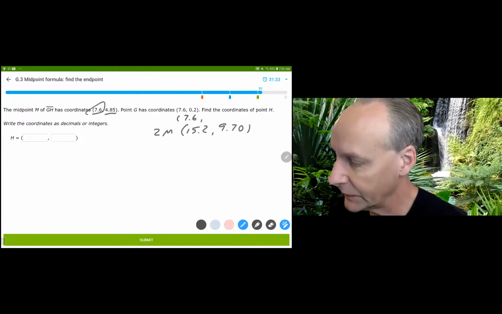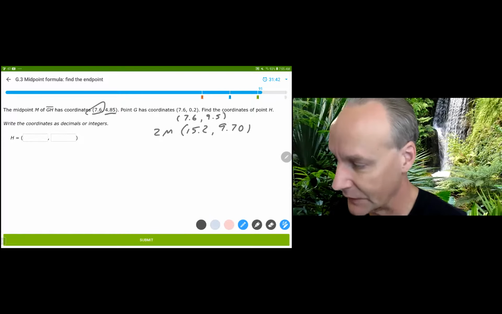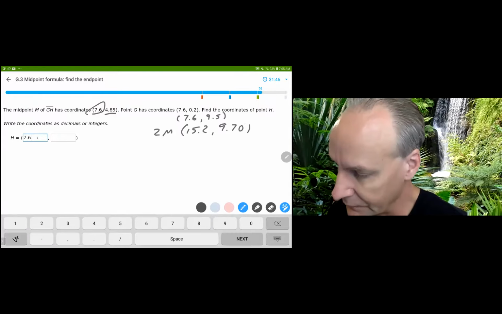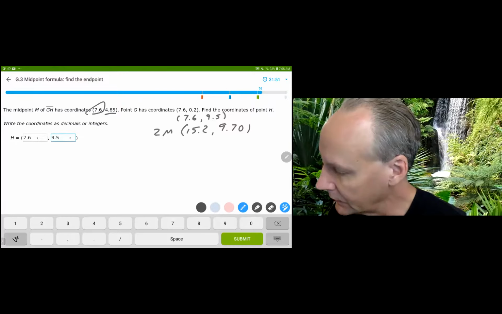And from 0.2 to get to 9.7, I need 9.5. Remember my other error, I did something dumb and put the 9.7. Anyway, it's 7.6, of course, and 9.5. And looks good.